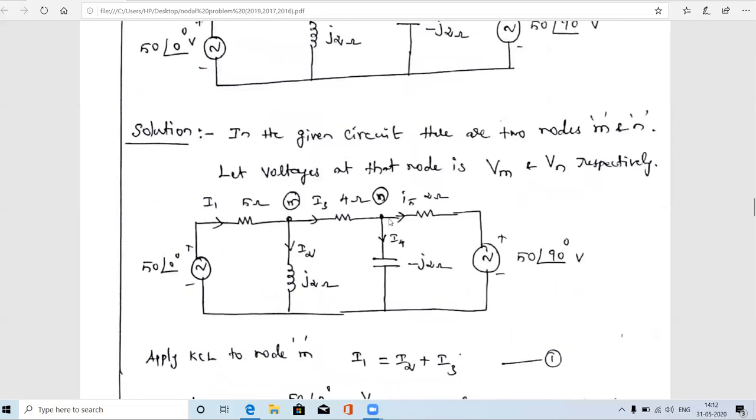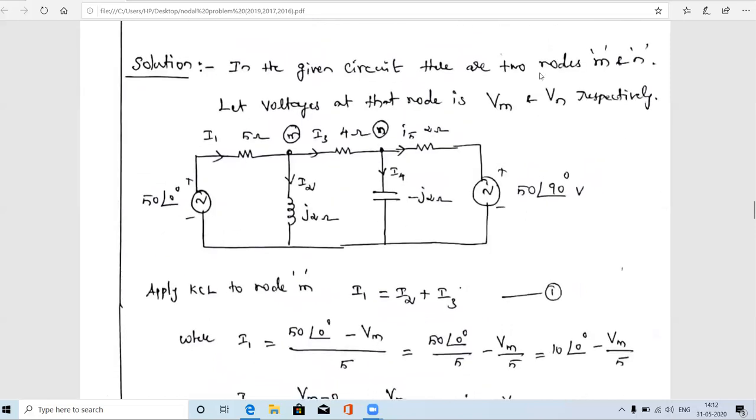So what is the nodal method? First we have to identify the nodes. Here we identified the two nodes M and N, and let us take the voltage at node M as Vm, and the voltage at node N as Vn.